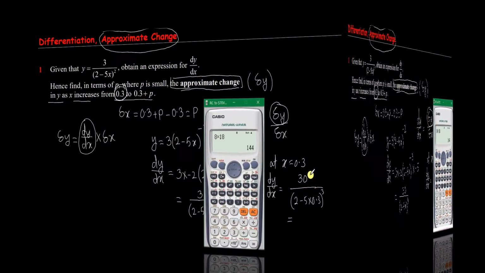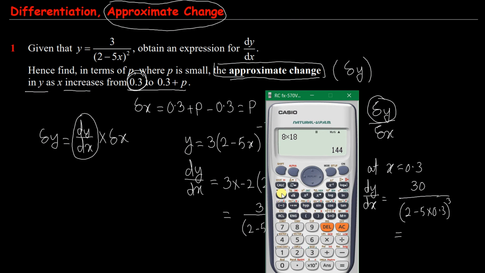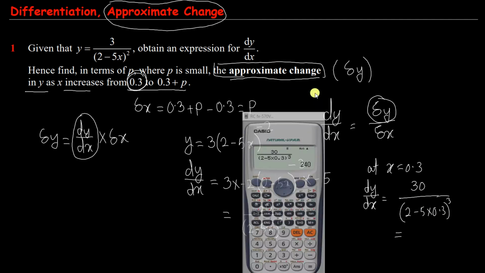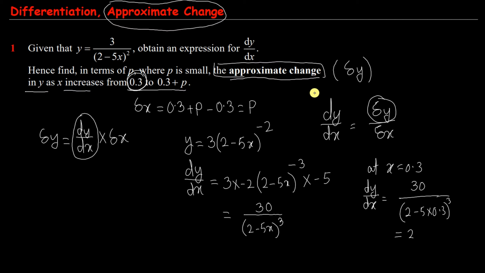Let me calculate: 30 divided by, use a bracket, 2 minus 5 into 0.3, close the bracket, and its power is 3. So press equals to, we get 240 from here. So our value is 240.